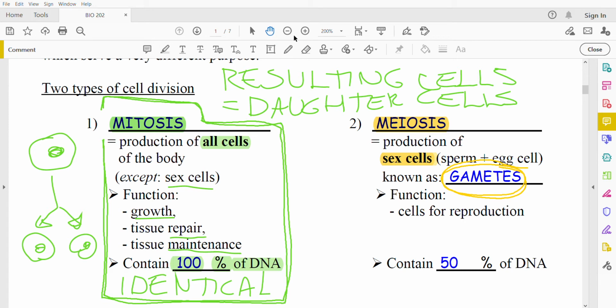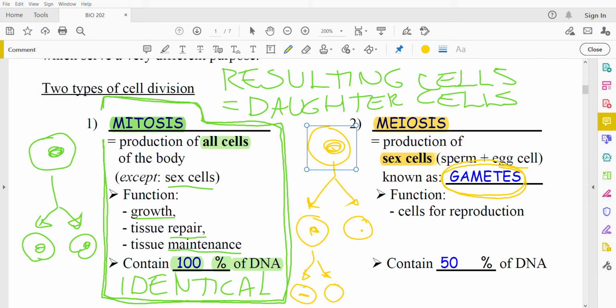What happens in the production of the gametes, and we will go through this step by step, is we start with the original parent cell, and that cell divides into two cells. And these two cells divide again into two cells. So as a result of the meiotic cell division, we will end up with 4 daughter cells.